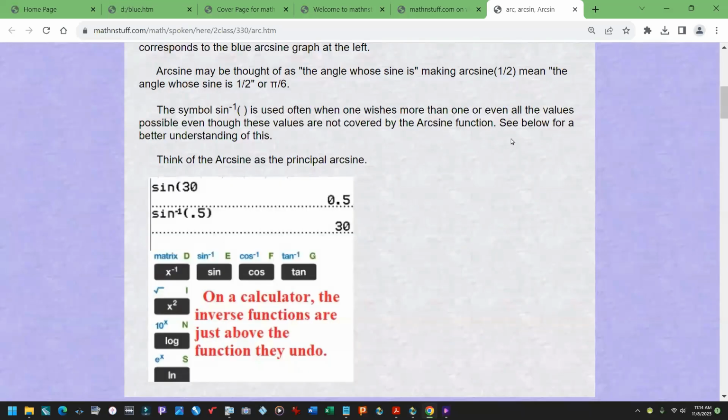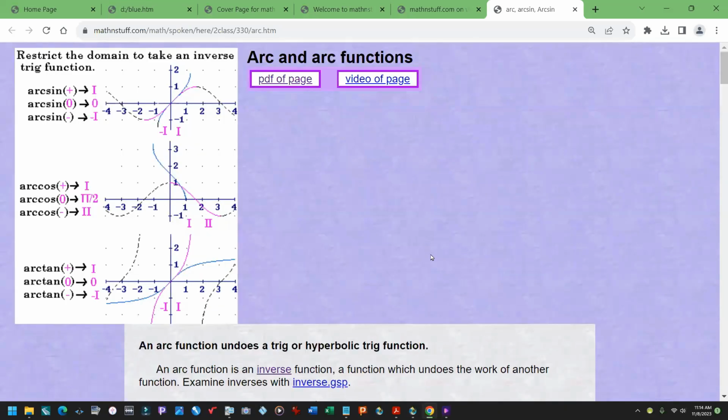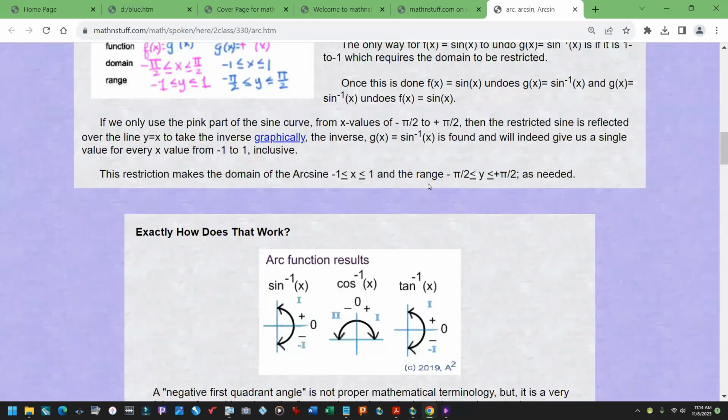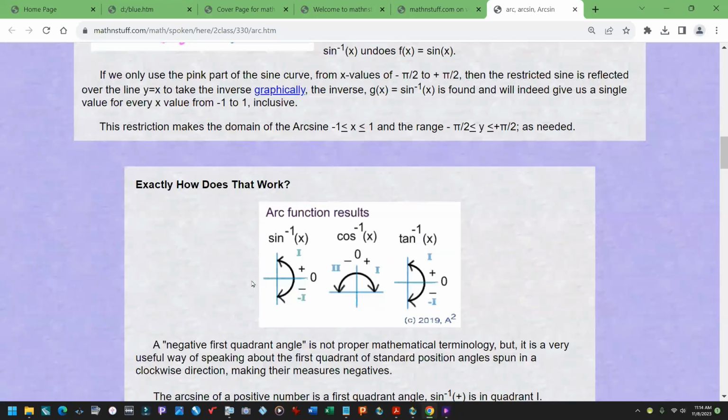Another way of saying exactly what I said up here, if you put in an x value that's positive, you want to get a first quadrant answer. If you put in an x value that's negative, you want to get a negative first quadrant or fourth quadrant, but measured negatively.